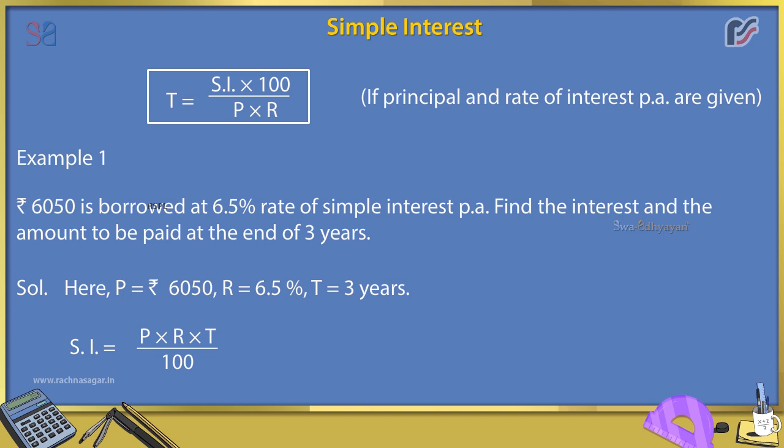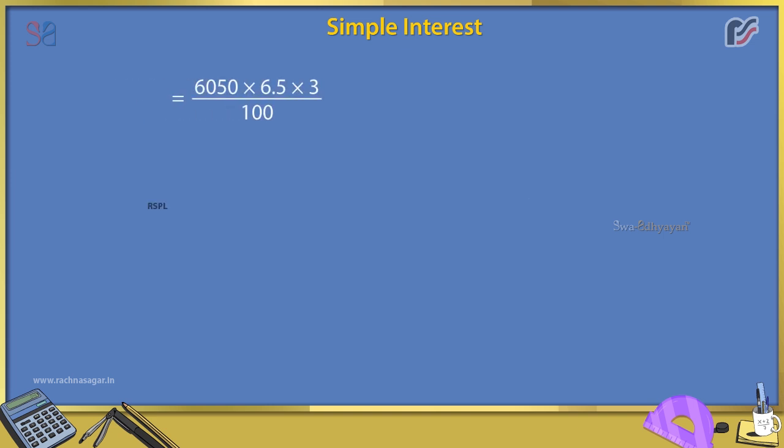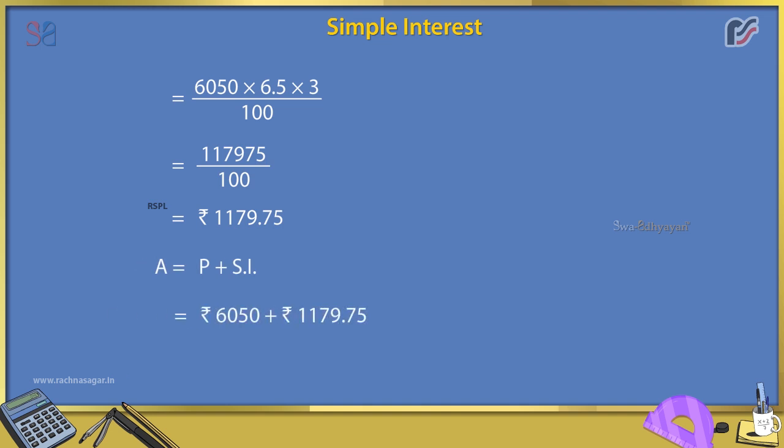SI is equal to P into R into T by 100, which is equal to 6050 into 6.5 into 3 by 100, which is equal to 1,17,975 by 100, which is equal to rupees 1,179.75. A is equal to P plus SI, which is equal to rupees 6050 plus rupees 1,179.75, which is equal to rupees 7,229.75.